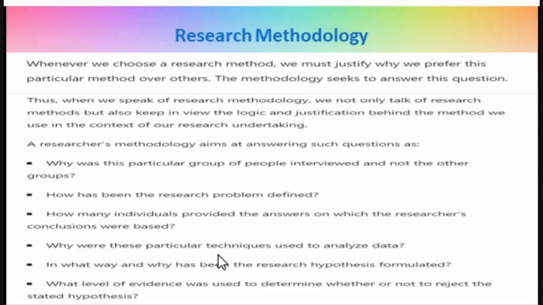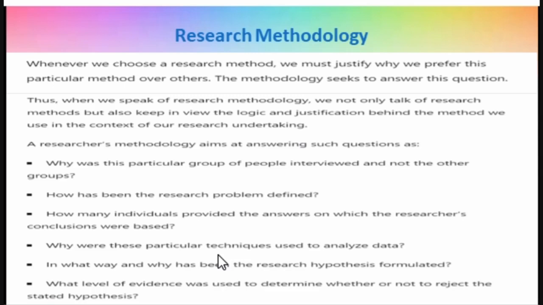So research methodology is a broader concept. Research method is a subset of research methodology, that means research method is a part of research methodology. As I said earlier, ology means study, science of study. So methodology is the study about methods.